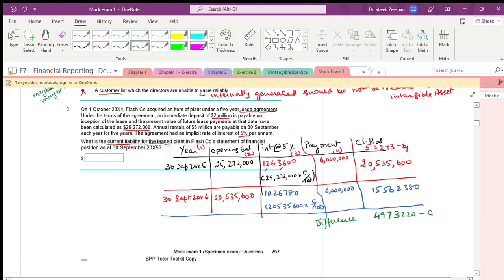This is what? This is the current liability. 4973220. Is it okay?